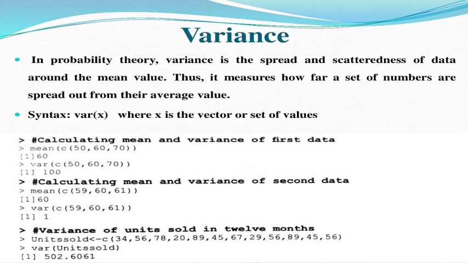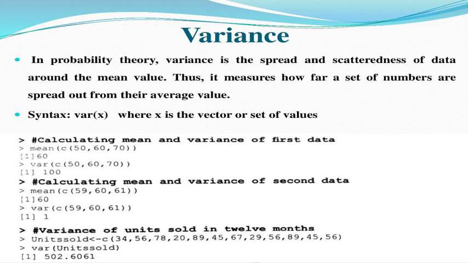The variance is the measure of how far a set of numbers are spread out from their average value. The syntax for calculating variance is var of x, where x is the vector or set of values. The mean value for the first data set, which has values 50, 60 and 70, is 60 and the variance is 100.